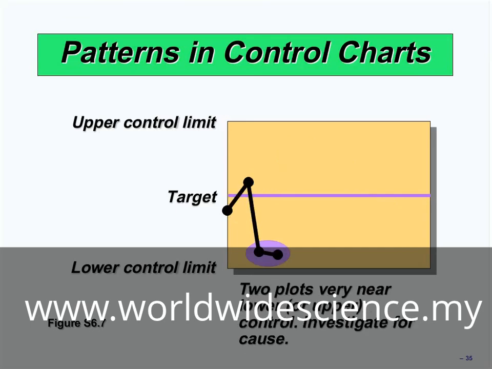Another pattern, another behavior. When some of the plots or some of the spots are very near to the lower control limit or upper control limit, if most of the spots or most of the dots are very near to the lower control limit or upper control limit, no difference, it can make the operation manager worry about the future.